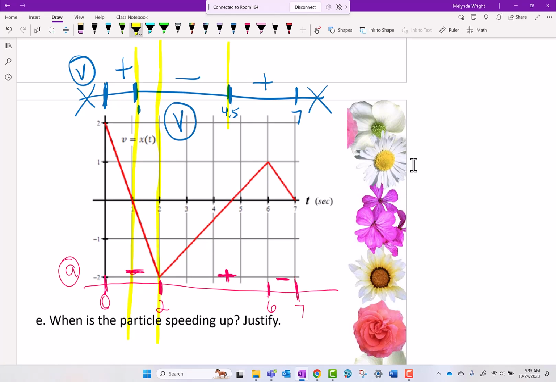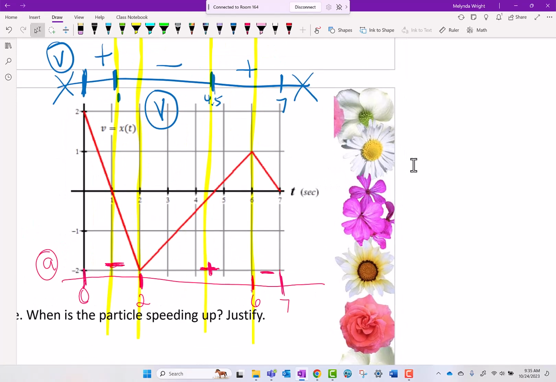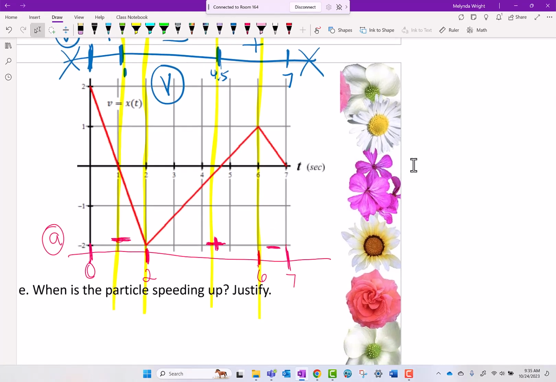There's a number here, there's a number here. Those are the sections that I have to pay attention to. So let's make our judgments about what's happening. I'm just going to list them. Are we okay with that? We're going to classify all of this.